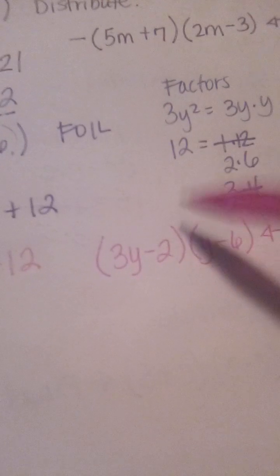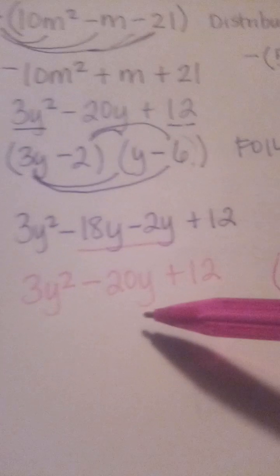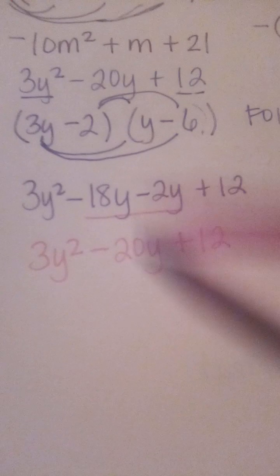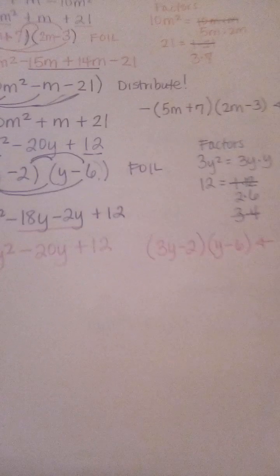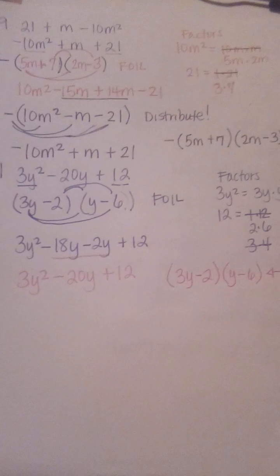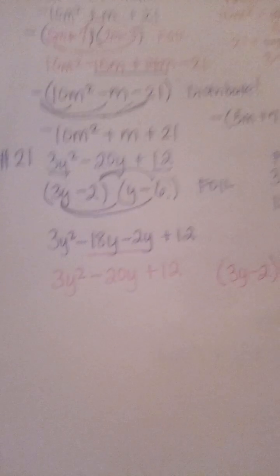Once you find the numbers that correlate with the middle term, you've found your factors. And that is our final answer, and this is the one that matches together. Any questions on this problem? Okie dokie, let's move on.